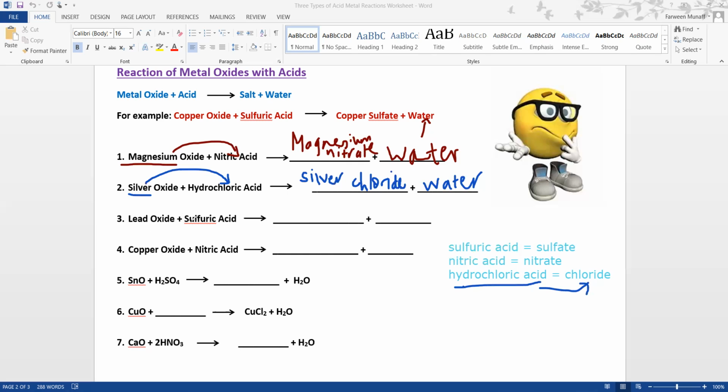So now we're looking at lead oxide plus sulfuric acid. So again, our constant is going to be same as above. It's just going to be water. Okay. Now, what's going to be the name of the salt that forms when lead oxide combines with sulfuric acid?